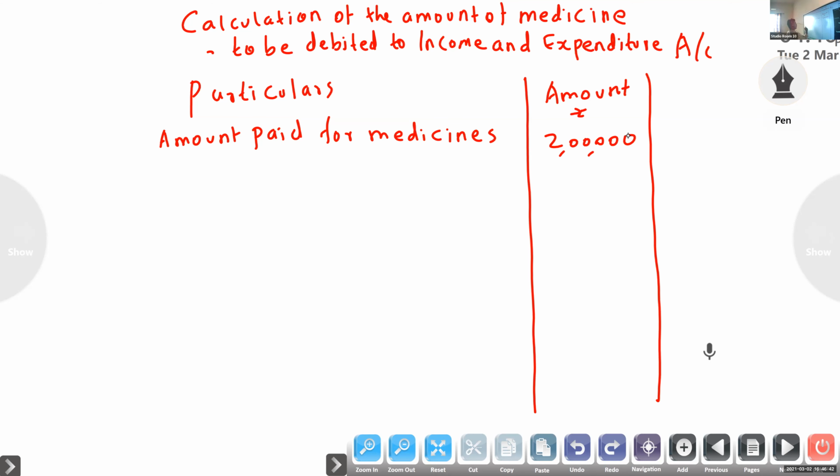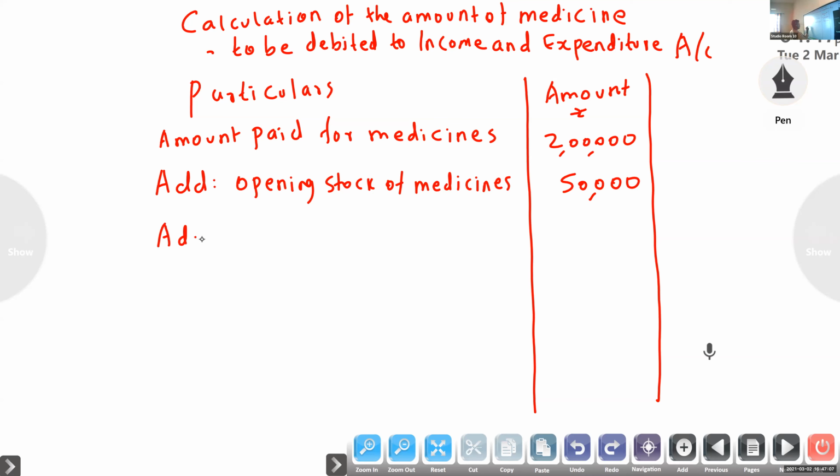Okay, so if you want, we can write first add item, add opening stock of medicines. Here it is given 50,000.